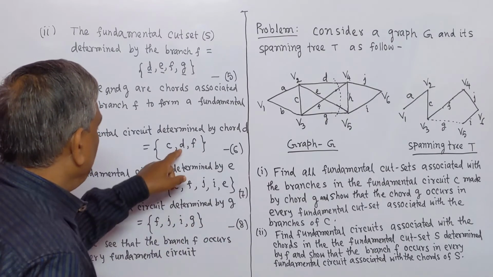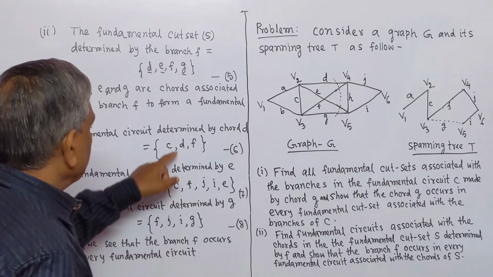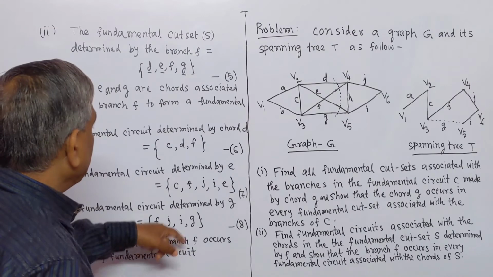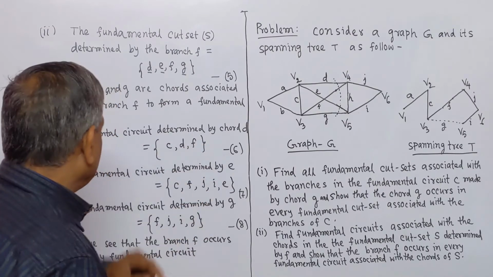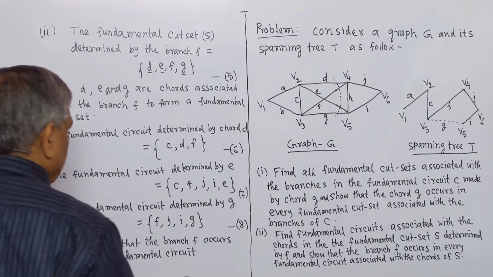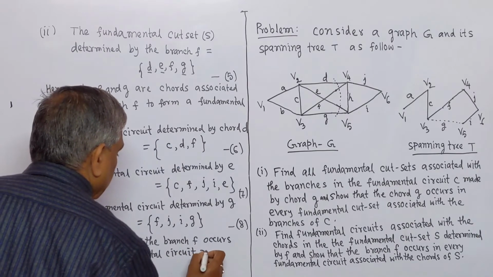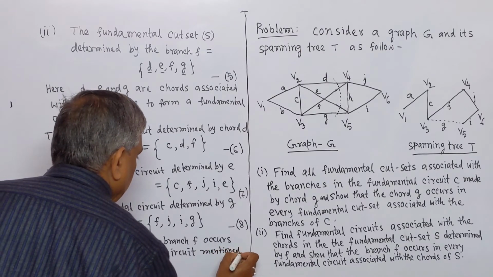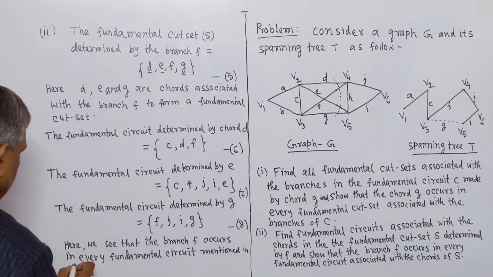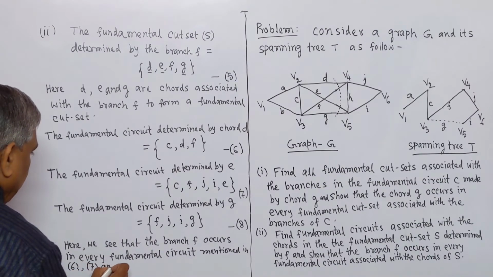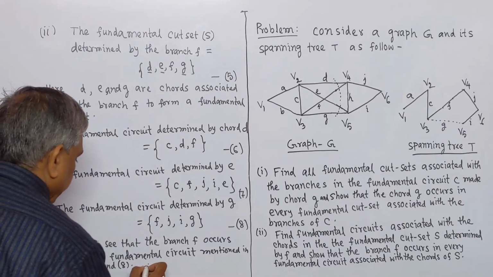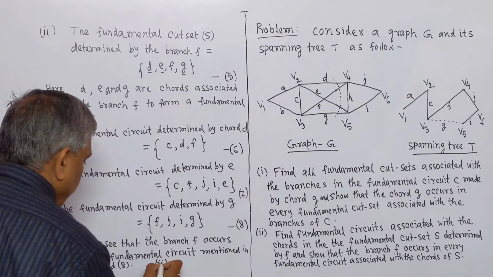All these are fundamental circuits. So F occurs in all fundamental circuits, as mentioned in 6, 7 and 8. Therefore, number 2 is solved.